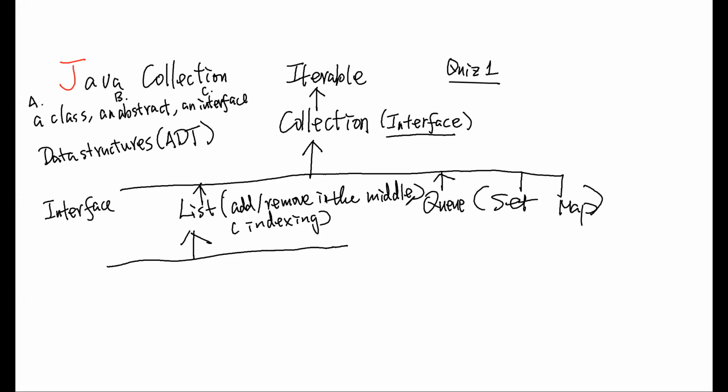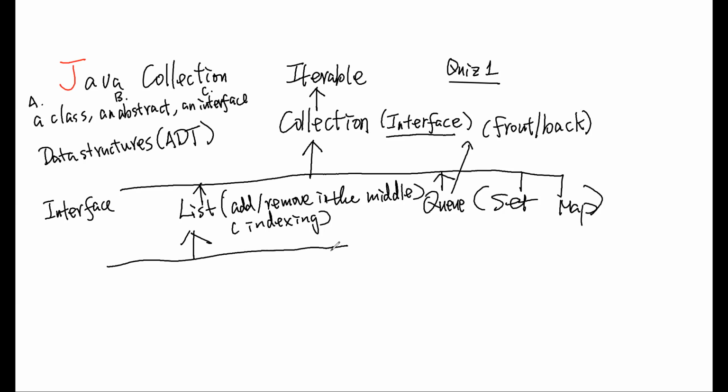Its advantage is access to the front and the back. You can add and remove at the front and the back pretty quickly. Those are the features for queue, and it's an interface.